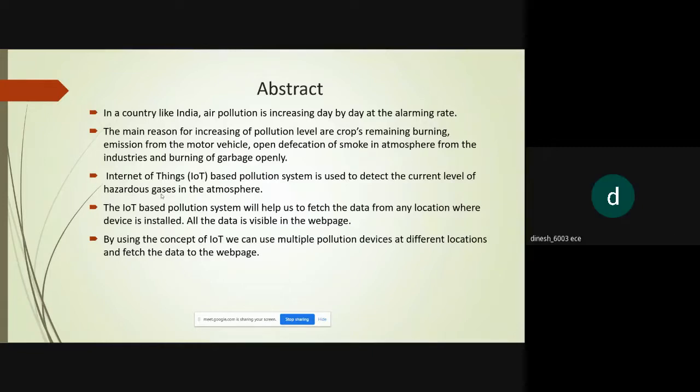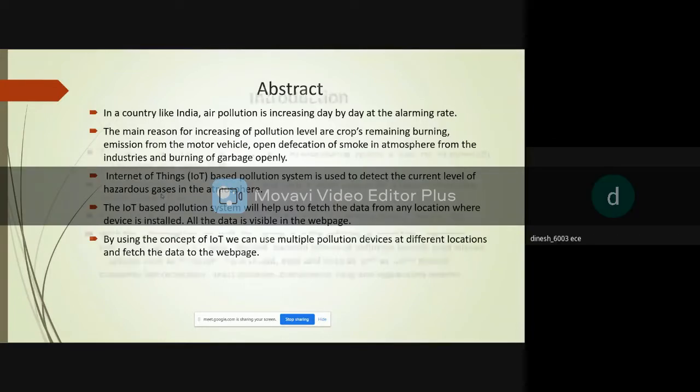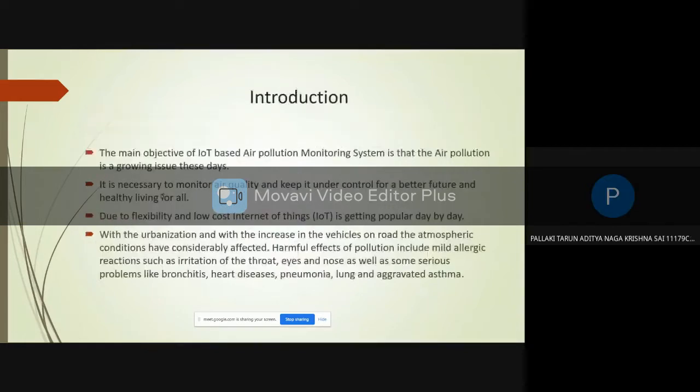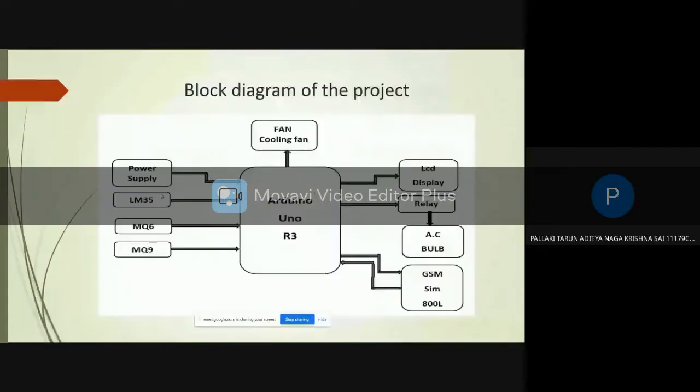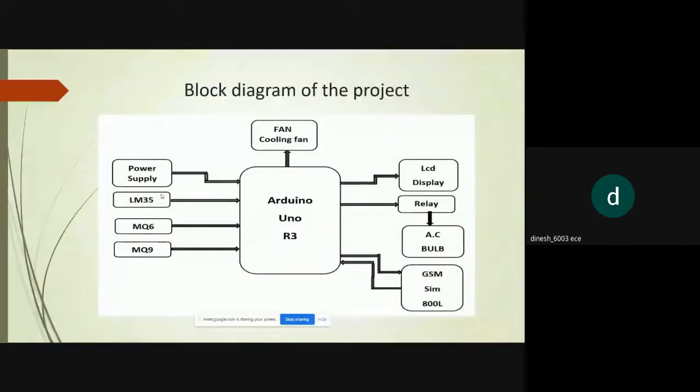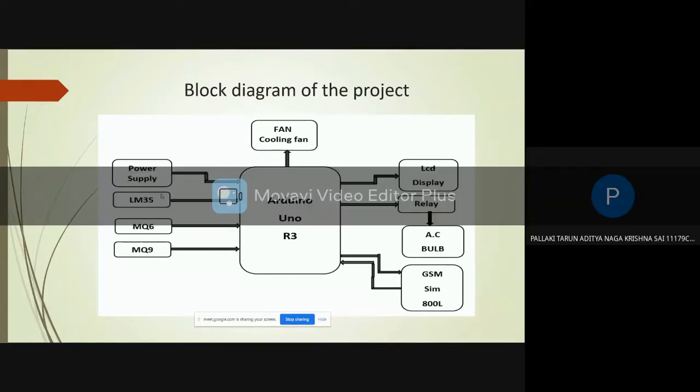Okay, sir. All these things we had discussed in earlier reviews. Since 100% of your project is over, you can directly explain the block diagram and show what your progress is from the previous review till date. Okay, sir. Yeah, you can proceed.